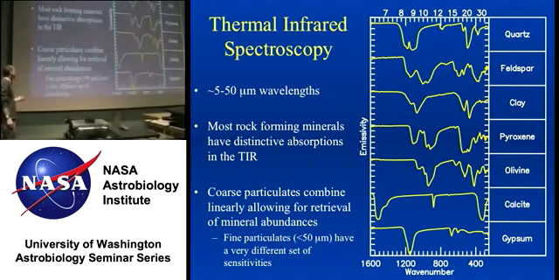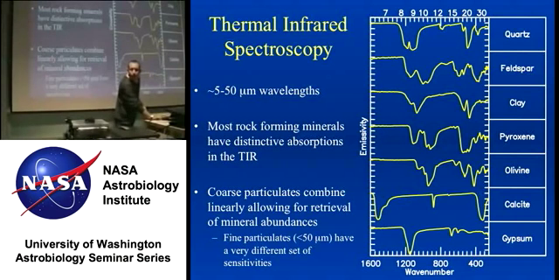And so with fine particulates, if we're looking at the Martian dust rather than Martian soils or rocks, there is a very different set of sensitivities. Things go very nonlinear, and we become more sensitive to things like carbonates and less sensitive to things like pyroxenes. So there's a very large set of rules that goes along with it.